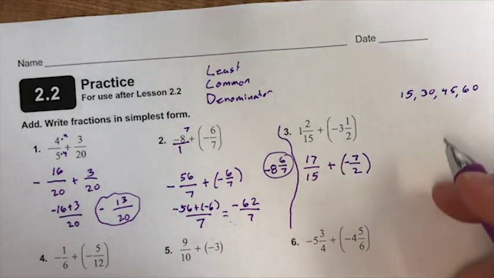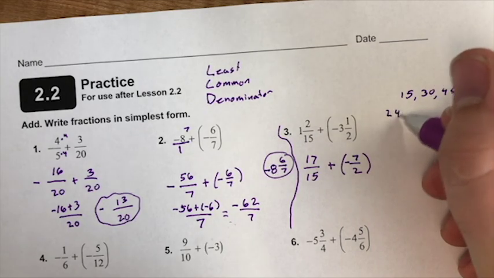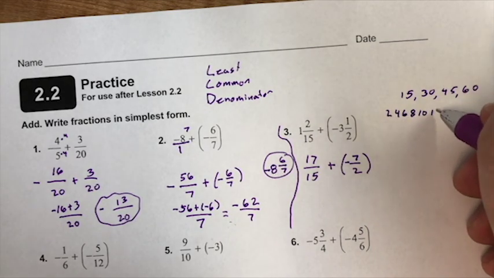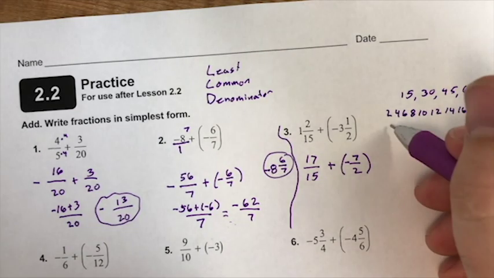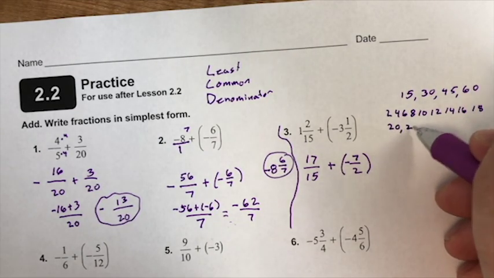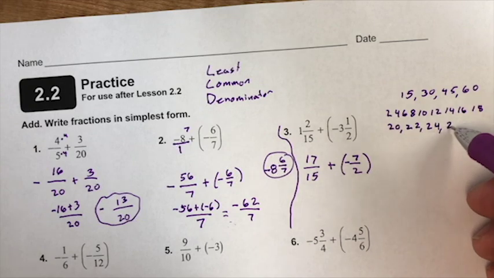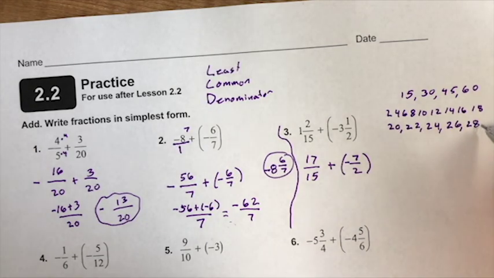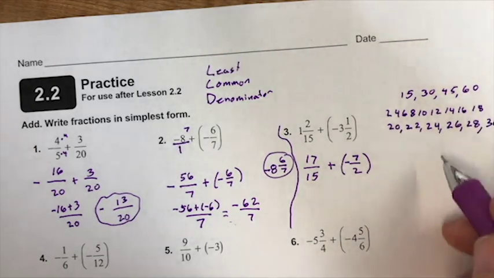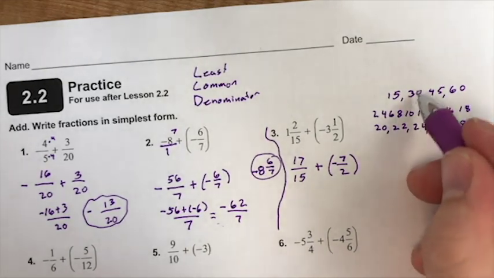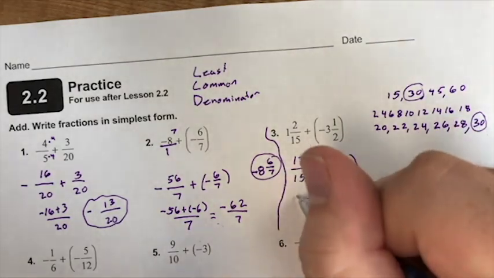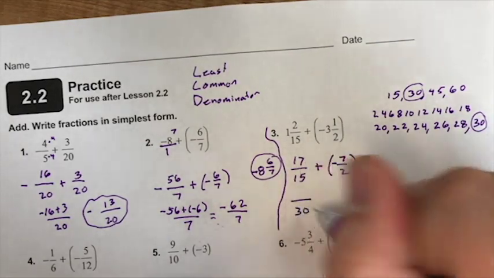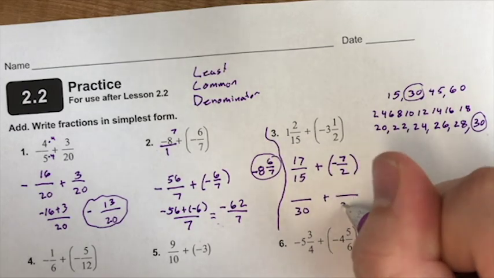And now I'm going to count by 2s. 2, 4, 6, 8, 10, 12, 14, 16, 18, 20, 22, 24, 26, 28, and 30. And notice that the first number that they both have in common is 30. All right, so let's use that number. So I know that my least common denominator is 30 for both of them.